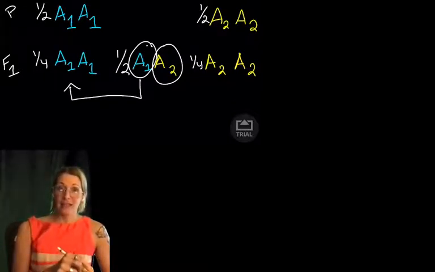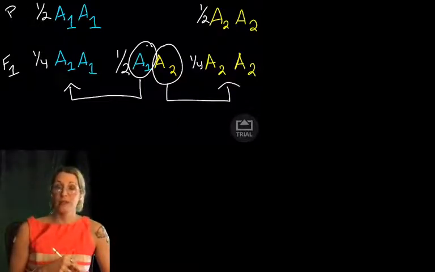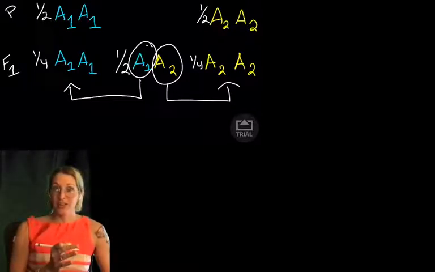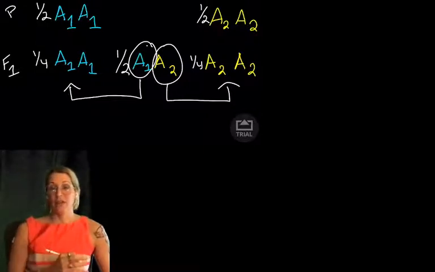Half of that half is a quarter, right? So a quarter of the alleles in those heterozygotes is A1, and a quarter of the alleles in the heterozygotes are A2. Now if we take our allelic frequency, it's exactly the same as the parental generation. One half of our alleles are A1. One half of our alleles are A2.